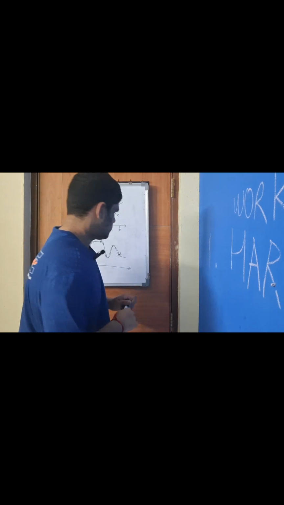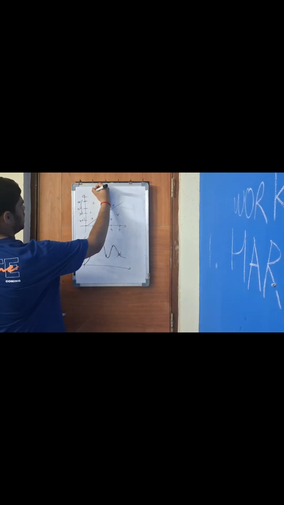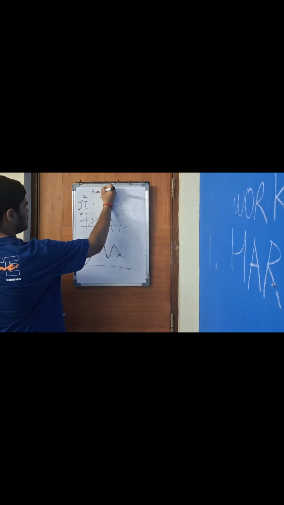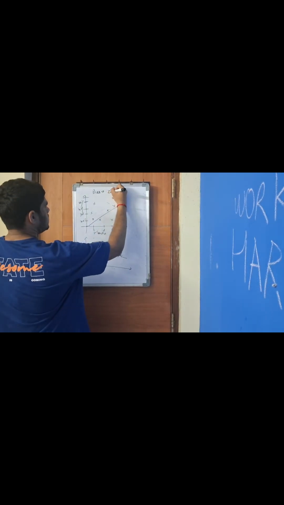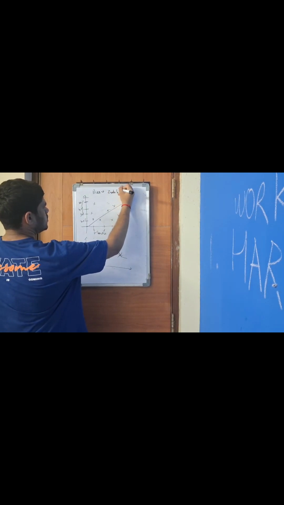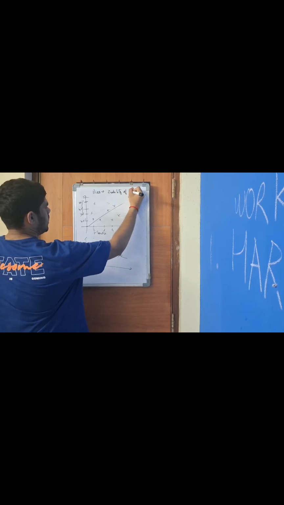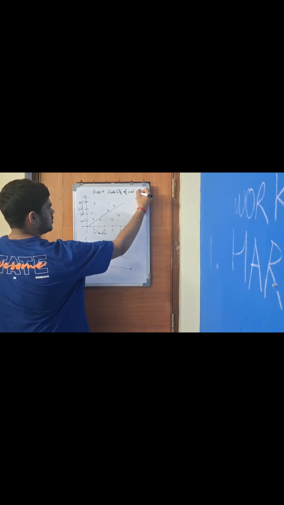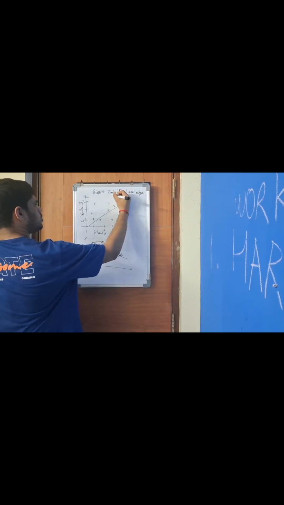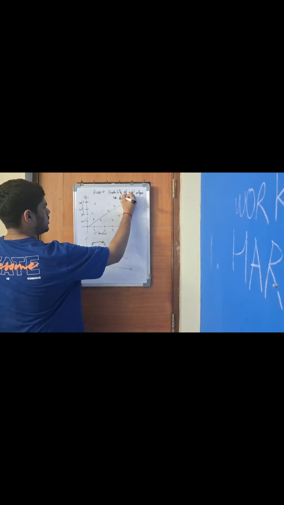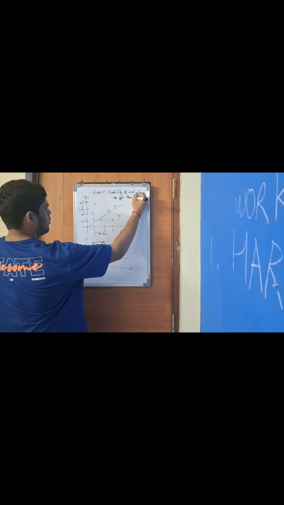What is bias? Let me write the definition of bias, which is nothing but the inability of an ML model or ML algorithm to fit the data points.